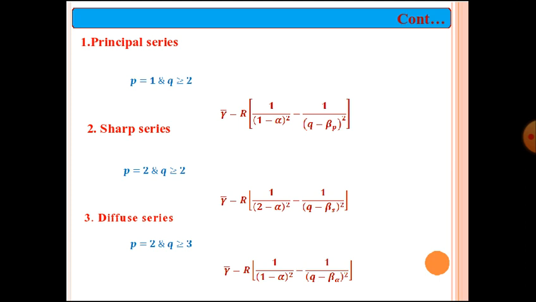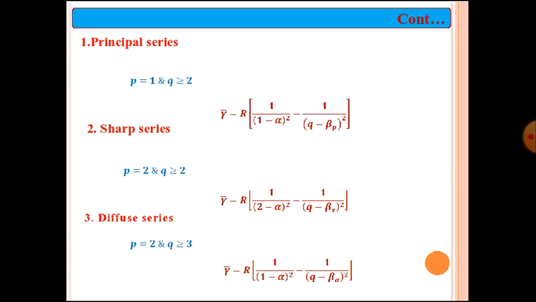Here p represents the principal series. Second one, sharp series. For this series p equal to 2, q greater than or equal to 2. Nu bar equal to R into [1 by (2 minus alpha) square minus 1 by (q minus beta s) whole square]. Here s in the subscript represents sharp series.